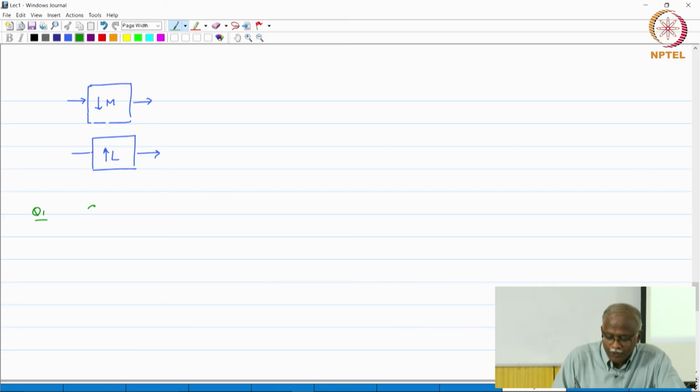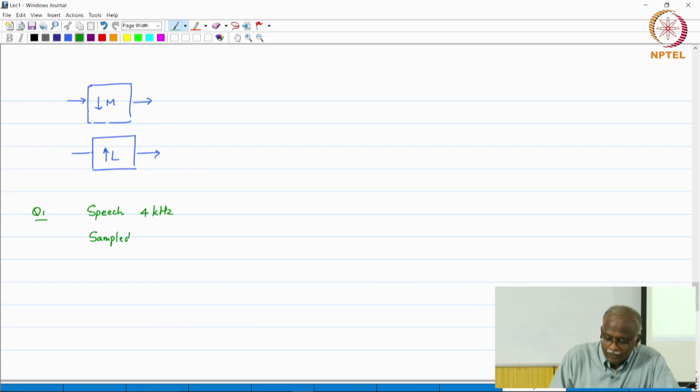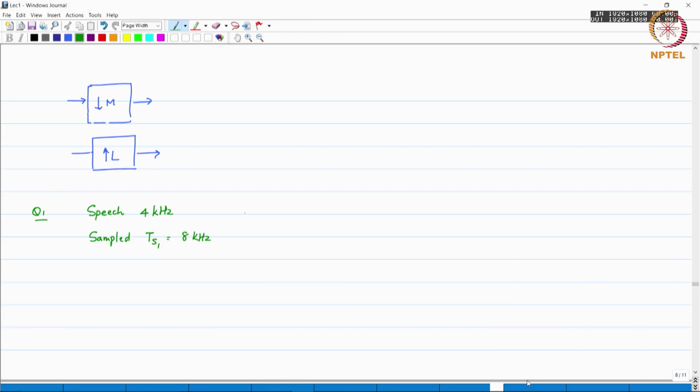Suppose I have speech, which is band limited to 4 kilohertz. Most of our human speech is in that range, and I have sampled it at 8 kilohertz.